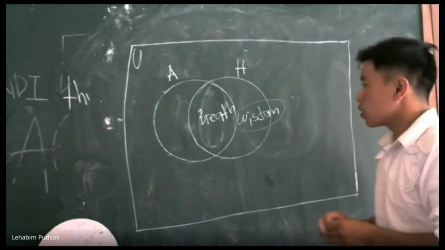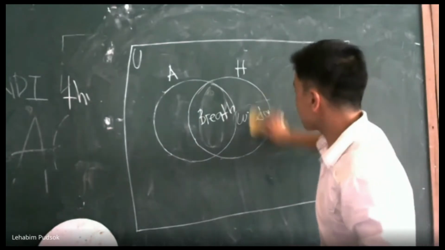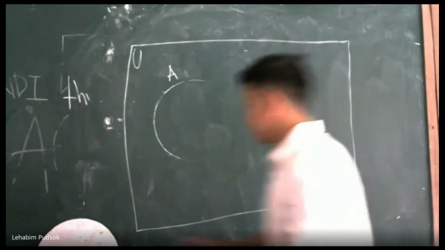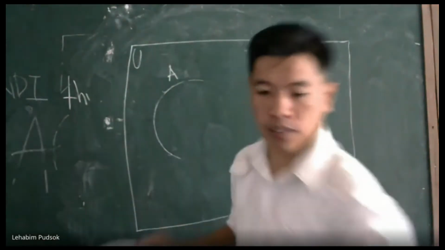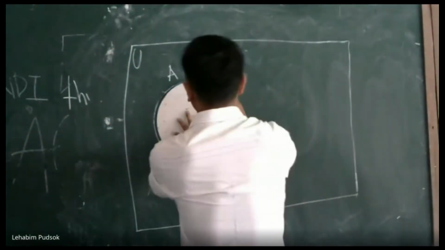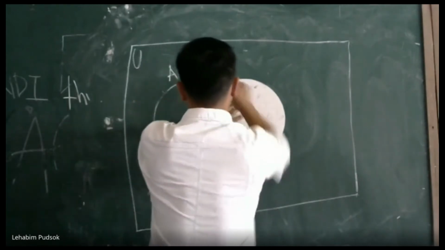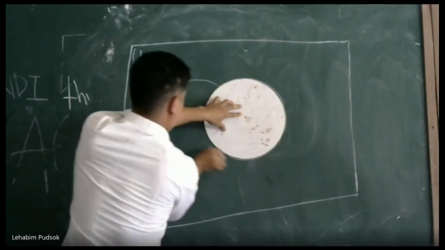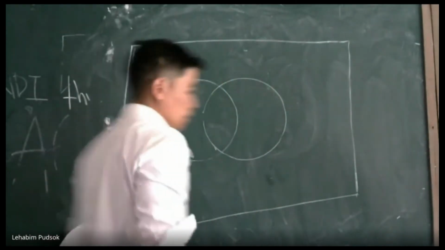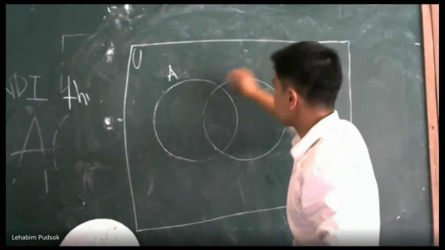Very good. So same with sets, class. We are using a Venn diagram like what Mr. James read a while ago. So I will make it again. What if this is set A?